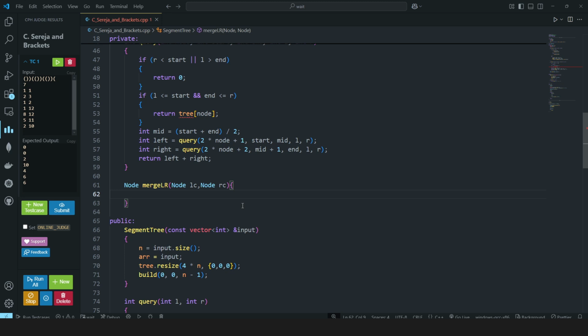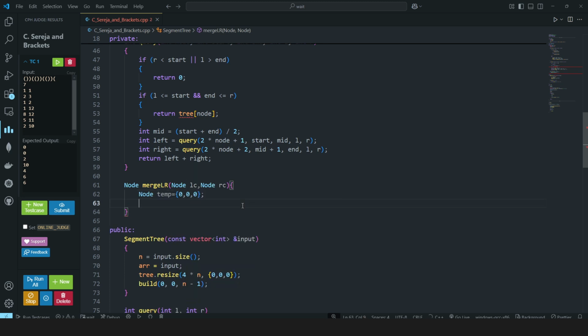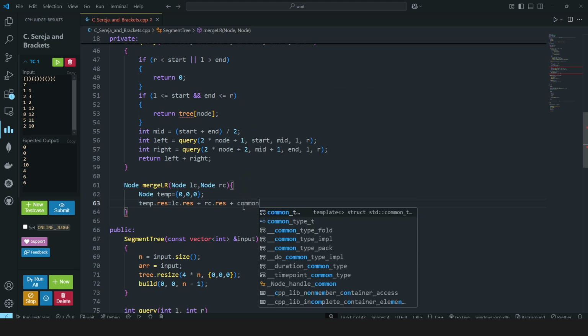Now I will declare a new node here, let's say temp, and initialize everything to 0, right? Once I do this, what I have to do next is merge. And for the merge, I gave you 3 formulas. I told you that the result for the combined node will be equal to the result of the left child, that is lc.result, plus the result of the right child, that is rc.result, plus the common thing, right?